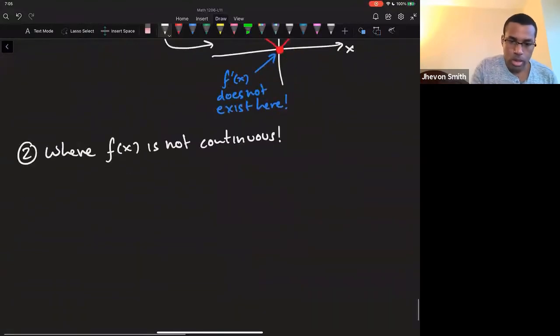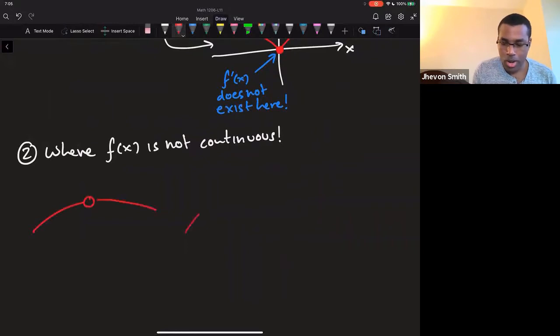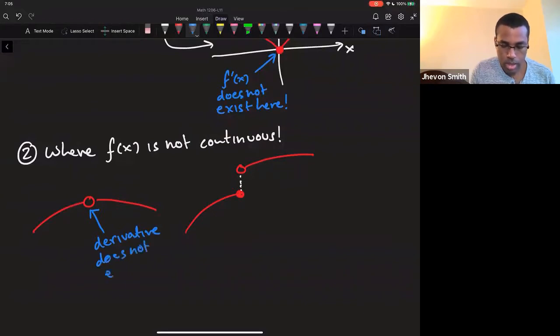So if you have a function where there's a hole or there's a jump, then the derivative does not exist here.